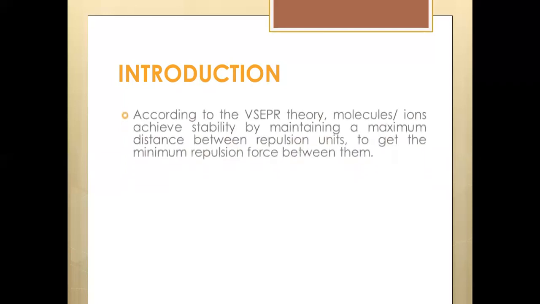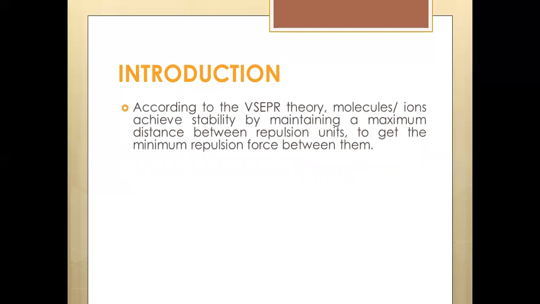So when we spoke about VSEPR theory, the molecules or ions need to achieve stability. For that, they maintain a maximum distance between the repulsion units to get the minimum repulsion force between them.